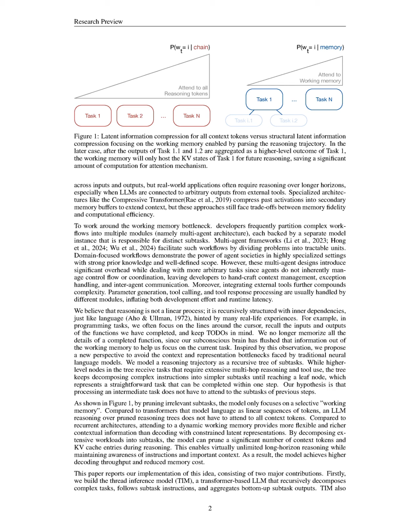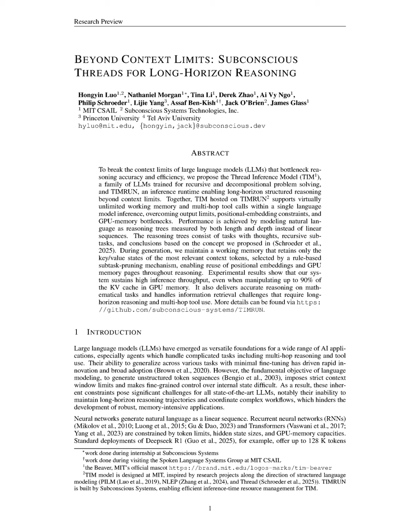Firstly, TIM employs a recursive tree structure for reasoning trajectories, allowing it to prune irrelevant subtasks and focus on a selective working memory, which reduces the number of context tokens and KV cache entries needed during reasoning. This pruning mechanism enables virtually unlimited long-horizon reasoning while maintaining awareness of essential instructions, leading to higher decoding throughput and reduced memory costs compared to the linear token processing of transformers and the constraints of RNNs.